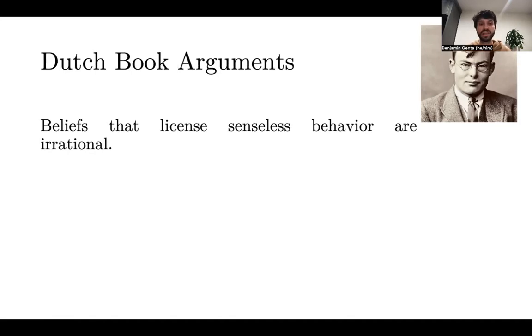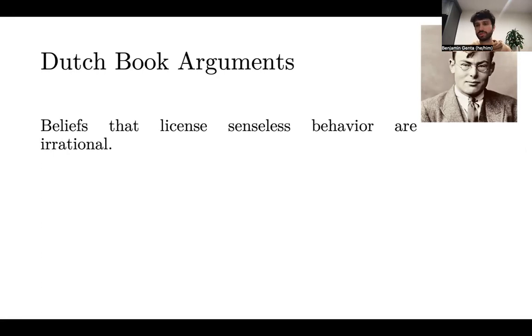Premise 1 is that beliefs that license senseless behavior are irrational. So one of the premises of this argument is saying, look, if you have beliefs that we all agree lead you to do senseless behavior, then we'll say that your beliefs are irrational.